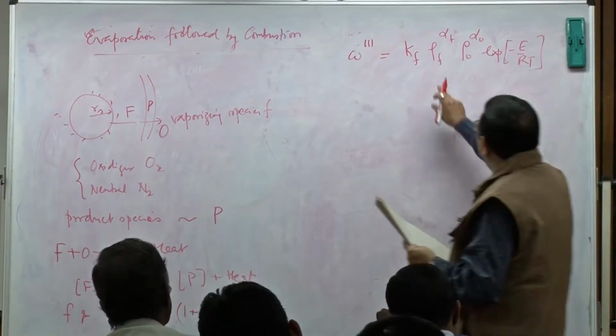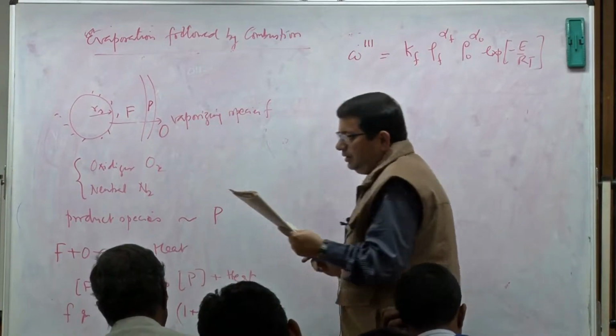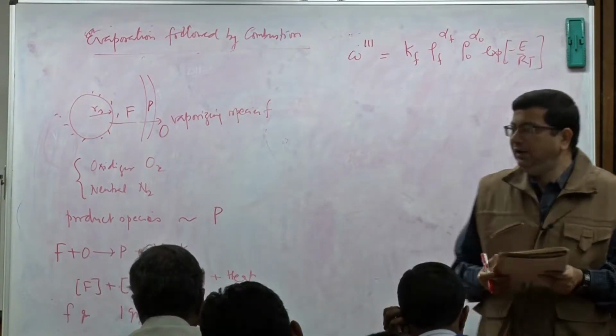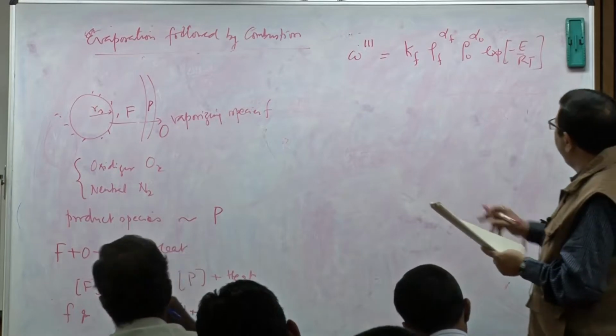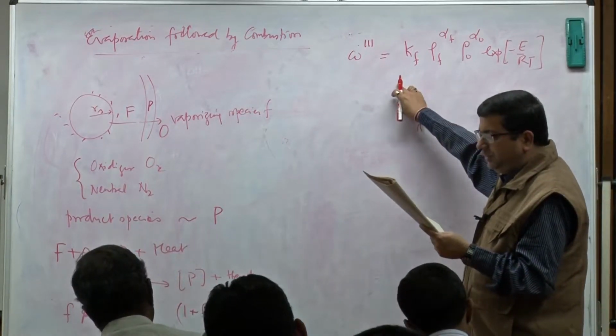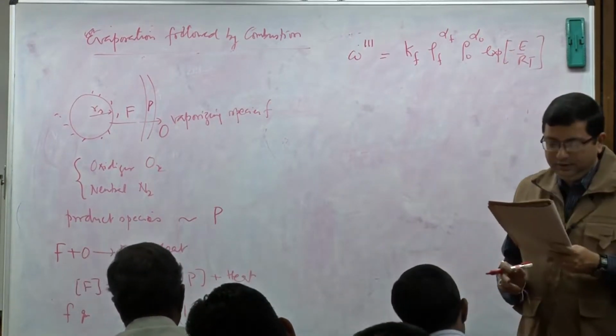Here rho f and rho o are the density or mass concentration of fuel and oxidizer. K f is the exponential factor, and E is the activation energy.